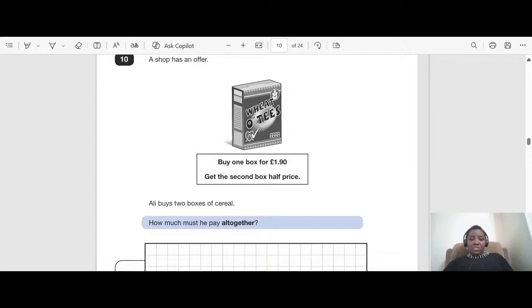We have to find the cost of the second box, which will be bought at half the price. Half the price of £1.90 is 95p. So we'll add £1.90 and 95p, and that will give us £2.85.